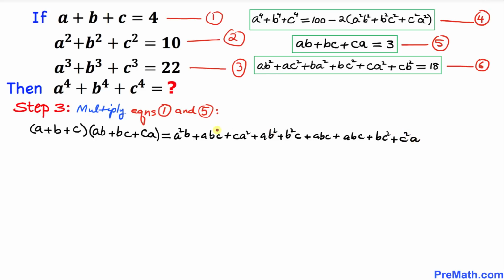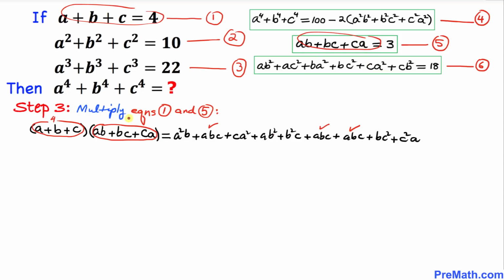And as we can see on the right hand side, this ABC, this ABC, and this ABC, we can combine these like terms. And on the left hand side, A plus B plus C, we know that this is 4. I'm going to replace it by 4. And this AB plus BC plus CA, this is equal to 3.